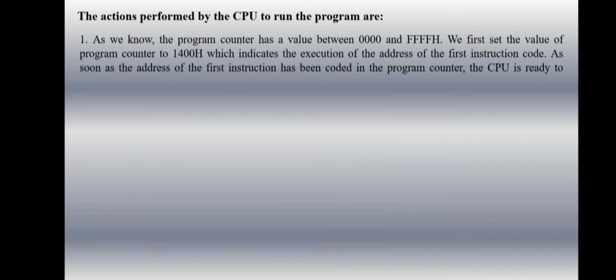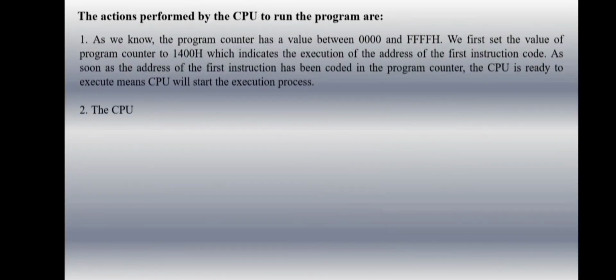As soon as the address of the first instruction has been coded in the program counter, the CPU is ready to execute, meaning the CPU will start the execution process.